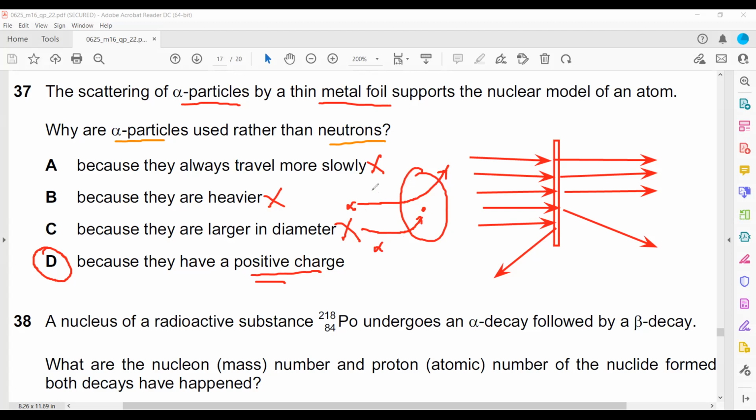So the idea is that we should use a charged particle so that when it moves closer to the nucleus, it will either be attracted or repelled, and due to the attraction or repulsion we can identify the charge of the nucleus. A neutron is a neutral particle, so whether the nucleus is charged or uncharged, the neutron is not affected by it.